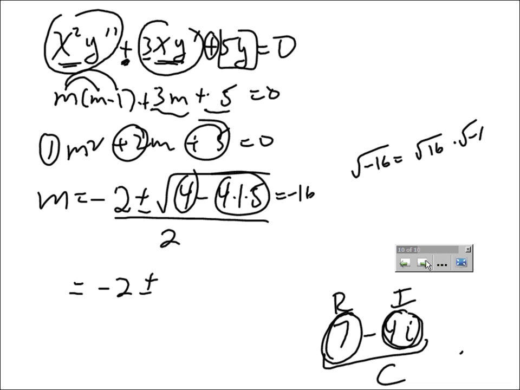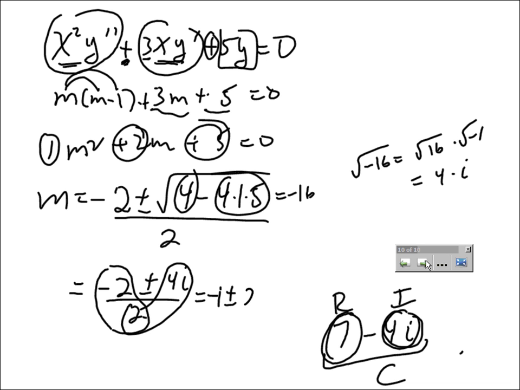Since not both numbers are negative, I can separate it into the square root of one number times the square root of the other number. I know the square root of 16 is 4, and I also know the square root of negative 1 is i. So 4i all over 2. Well, that division is negative 1 plus or minus 2i. So A is negative 1 and B is 2.